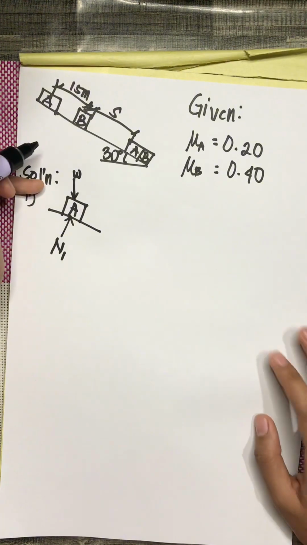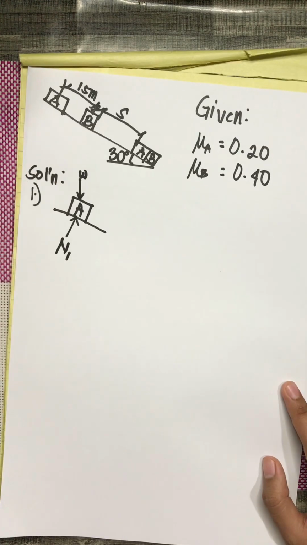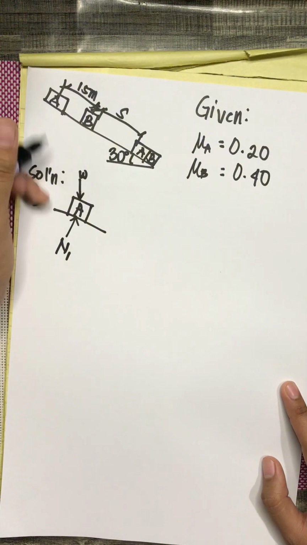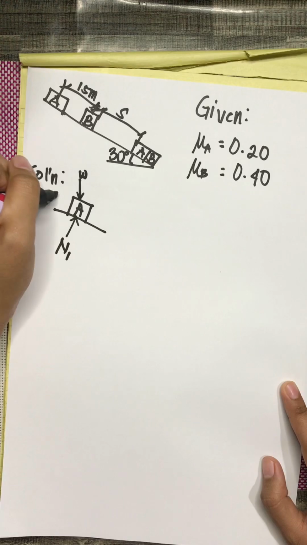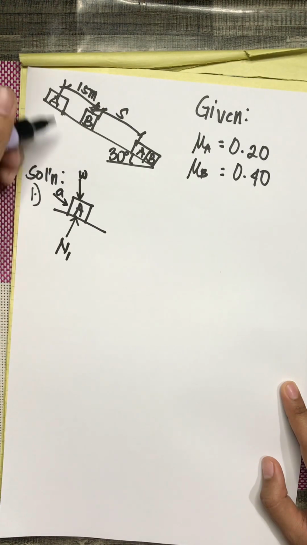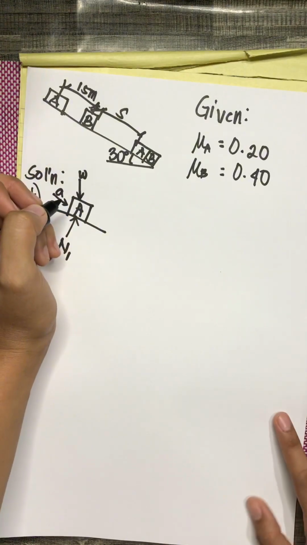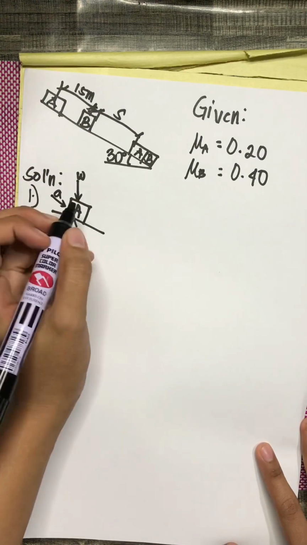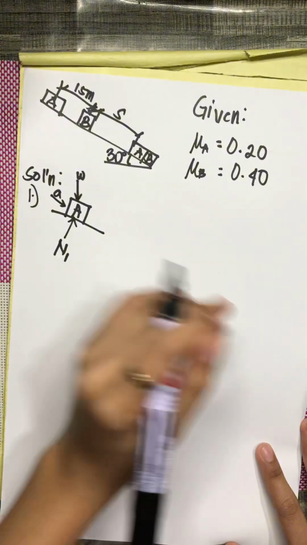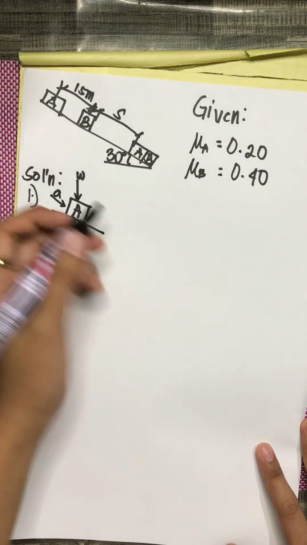Then the motion, so the acceleration is going down to the right. As we all know, the acceleration of the motion is always opposite to the friction. So the friction is going up.